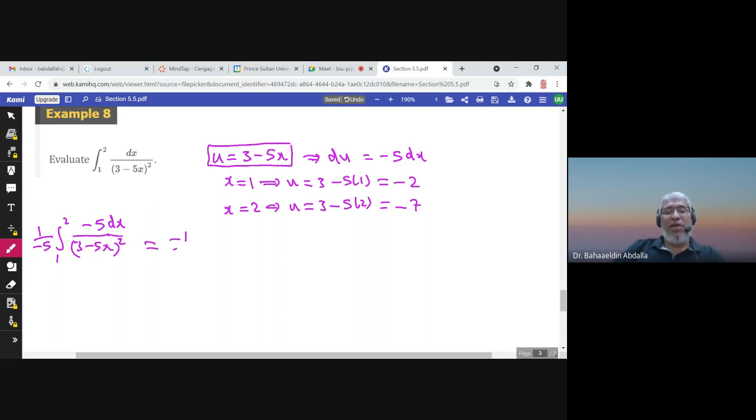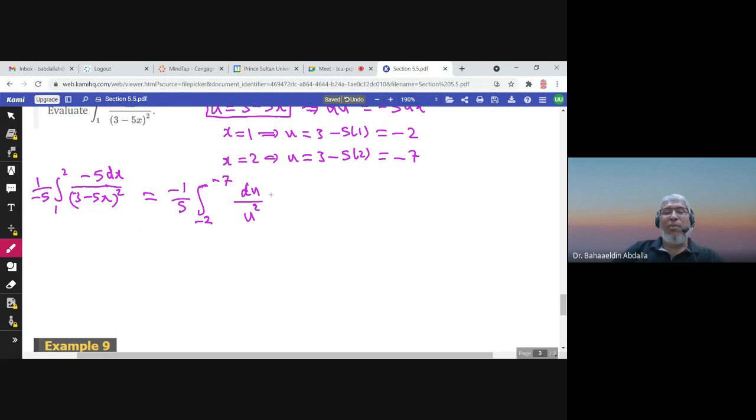So now this integral would be equal to, I'm changing everything to u: 1 would be negative 2, 2 would be negative 7, negative 5 dx would be du, 3 minus 5x would be u, and this would be the new integral, which is an easy integral.